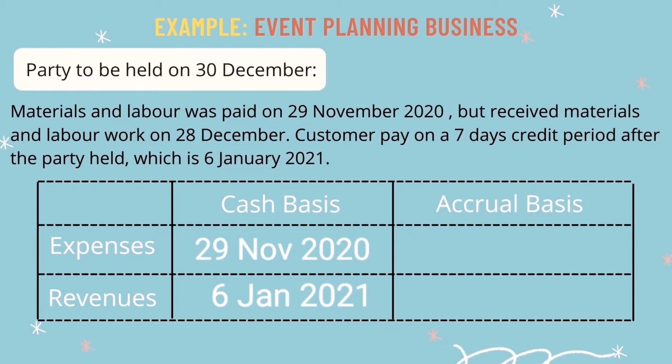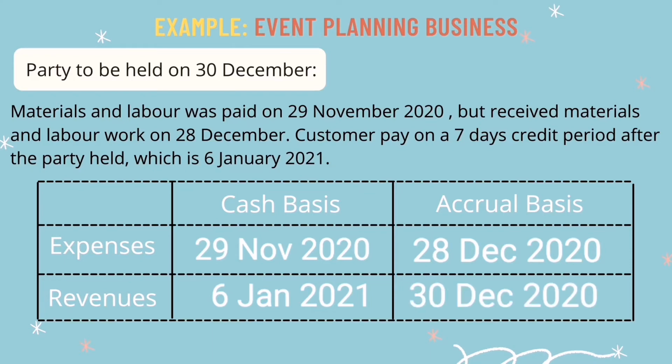However, if we are using accrual basis, we will recognize the expenses when we receive the goods and services from the supplier, which will be 28 December 2020. So revenue is recognized when we hand over the party to the customer. In this case, we will hand over on 30th December. Therefore, the revenue is recorded into the books of account on 30th December 2020.